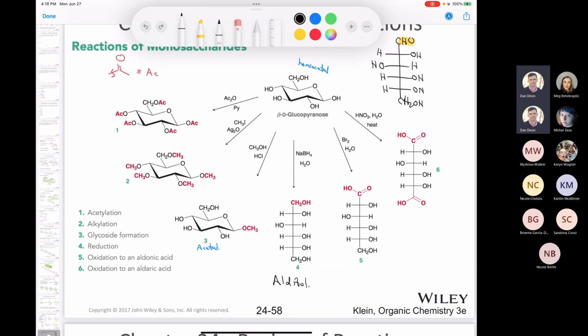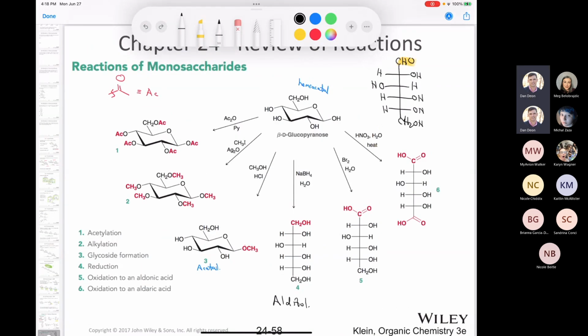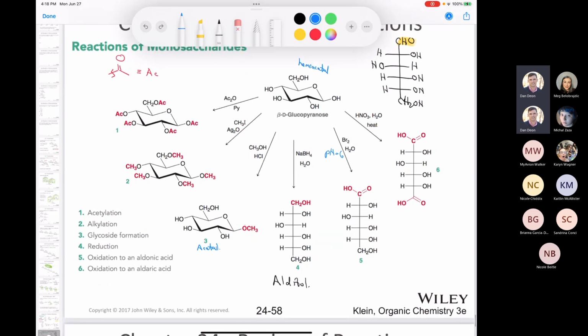The next one is just oxidizing that carbon that I have highlighted in yellow. We use bromine and water, and in the book it says that it's at a very specific pH equal to 6. And so that oxidizes the aldehyde to a carboxylic acid, and we call that an aldonic acid. This is called an aldonic acid.